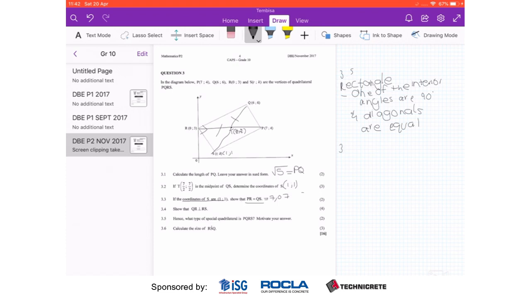It says calculate the size of RSQ. So this angle right here.